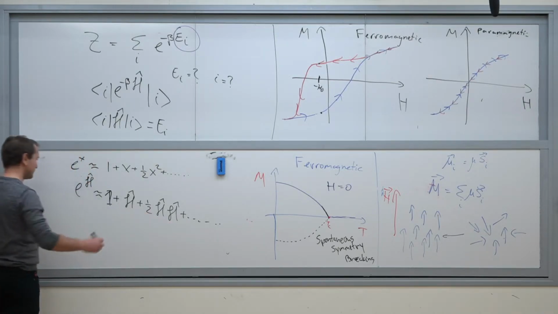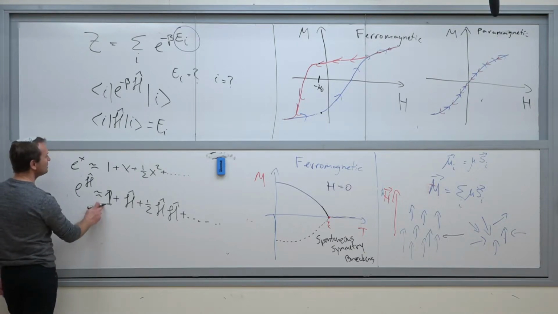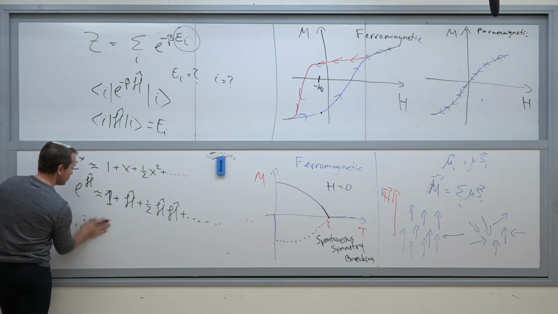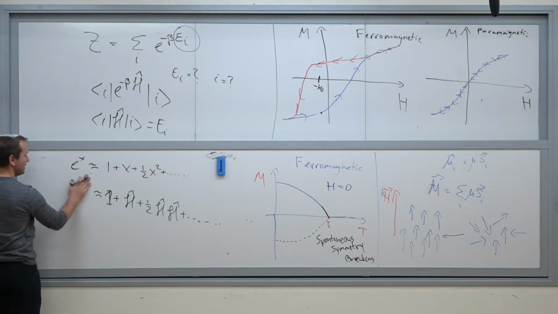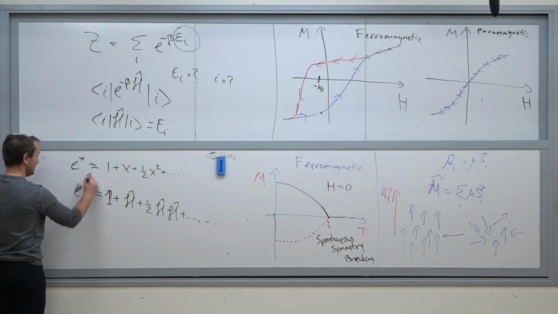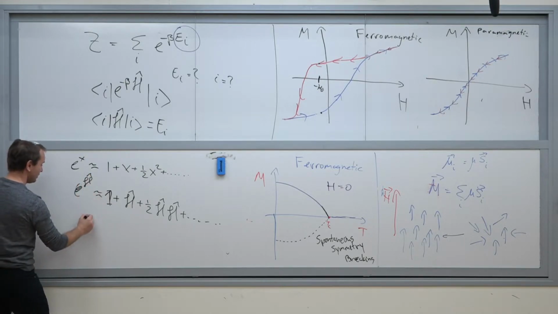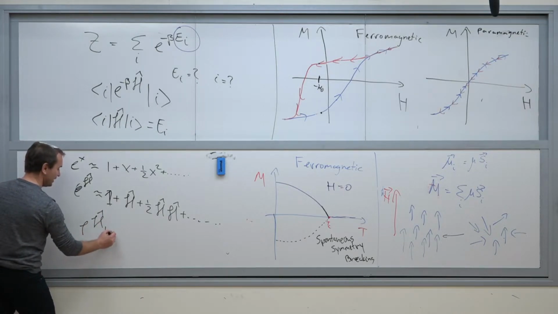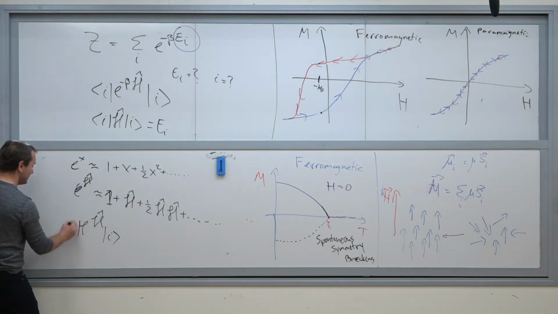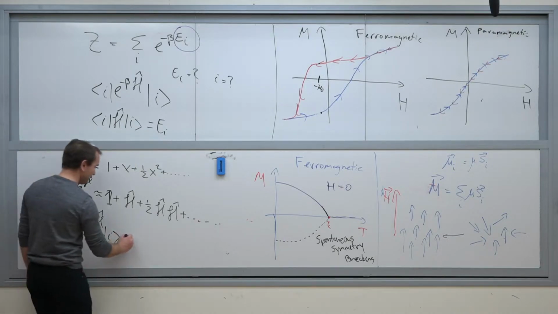Okay, so from this description, if I now apply the bra i to e to the minus beta Hamiltonian, with ket i, what will it be?